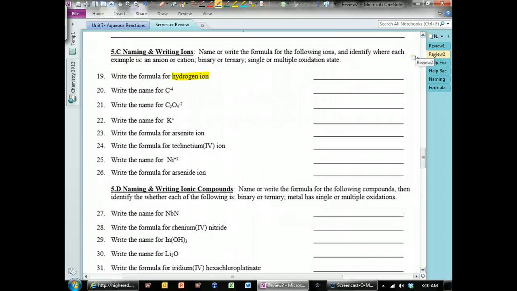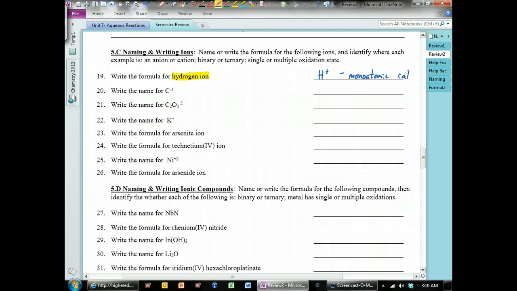So hydrogen ion is just H+. This is a monoatomic cation: monoatomic meaning it only has one element, and cation meaning it's positively charged.